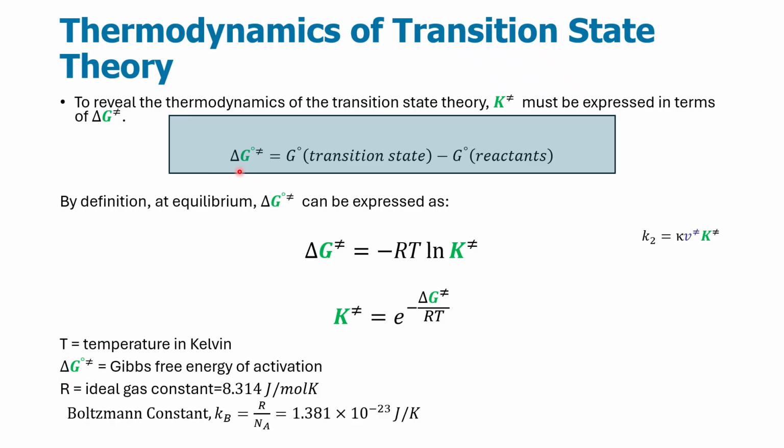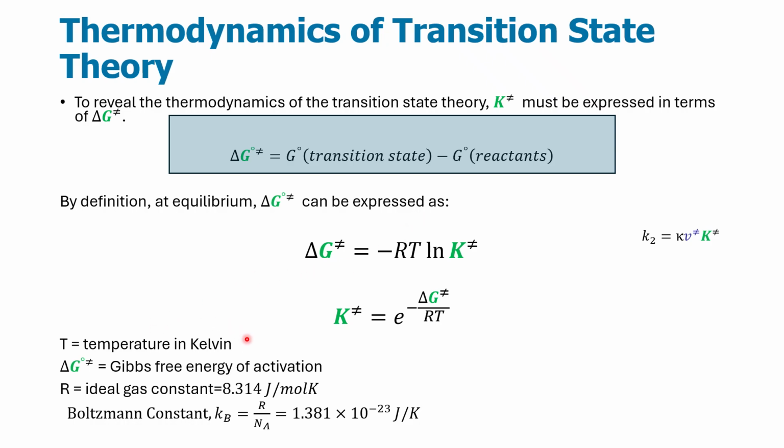So delta G double dagger is defined as the difference between the standard state Gibbs free energy of the transition state and the standard state Gibbs free energy of the reactants.